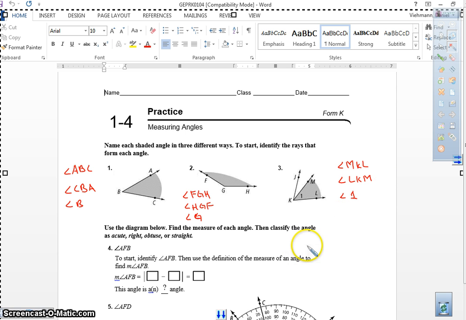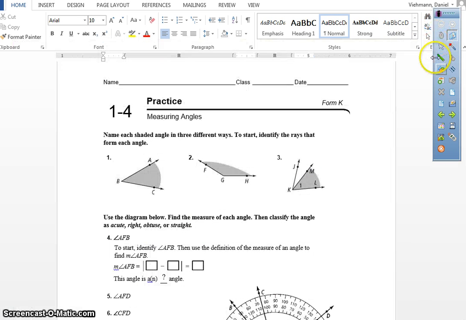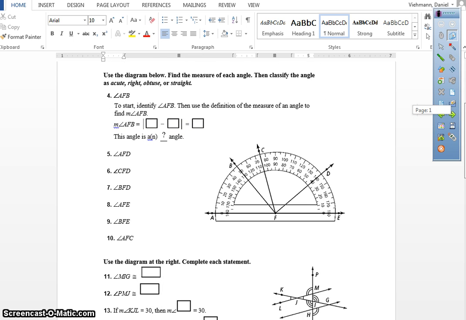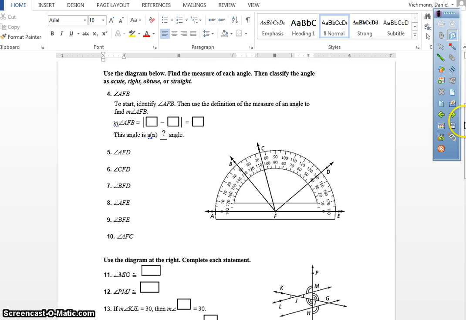All right. Number 4, it says use the diagram below, find the measure of each angle, then classify the angle as acute, right, obtuse, or straight. I need to move this down so we can see our diagram there.